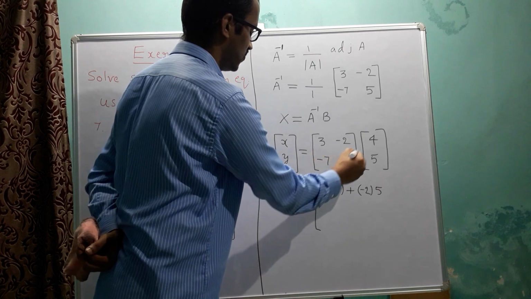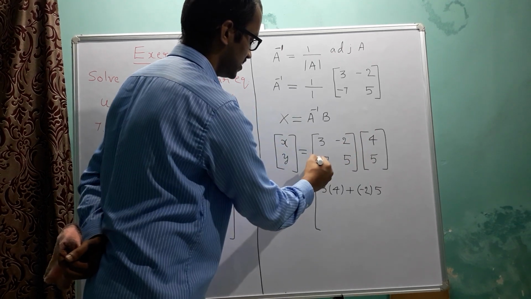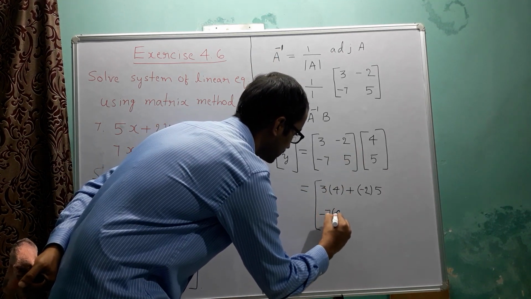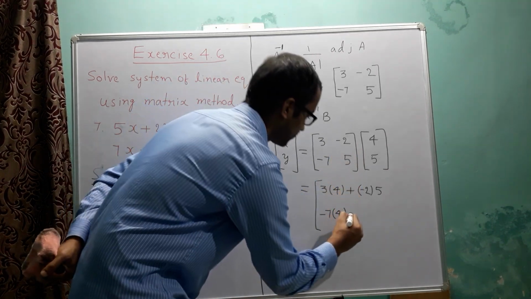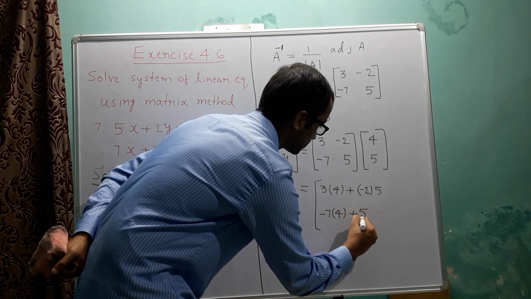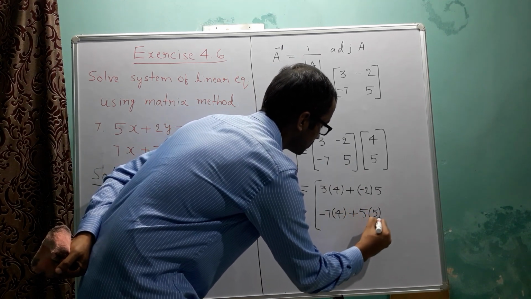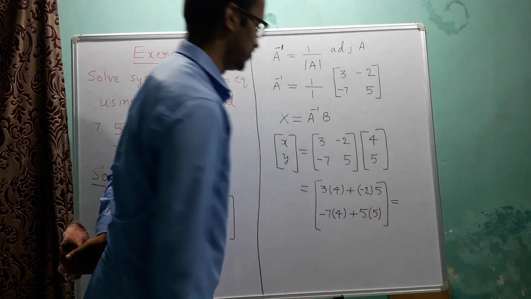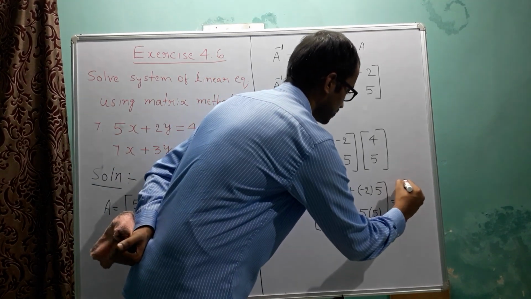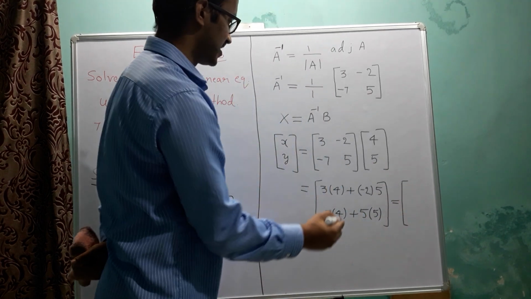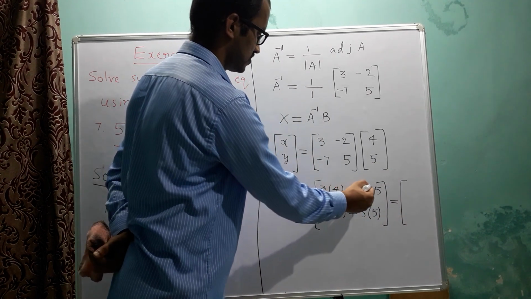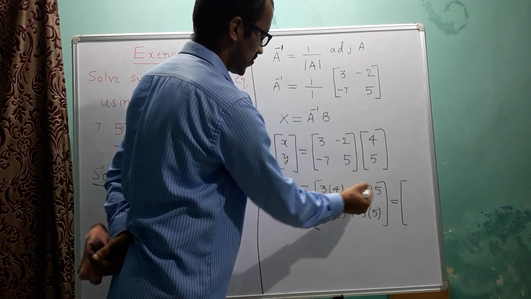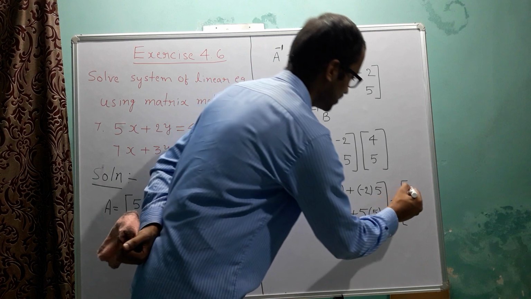Again, the second row with the first column, that is minus 7 into 4 plus 5 into 5. So that is equal to 3 fours are 12, and minus 2 into 5 becomes 10. 12 minus 10 becomes 2.